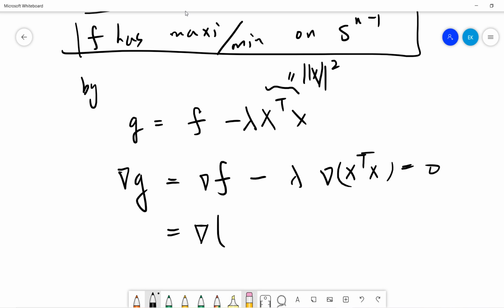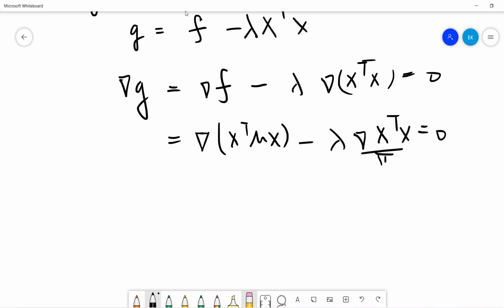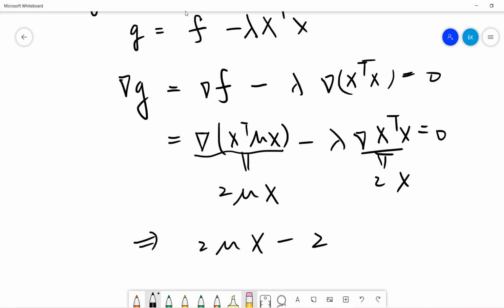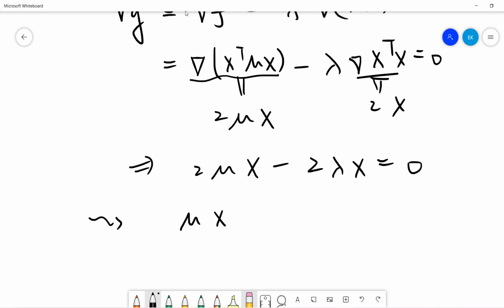So this is gradient x^T Mx minus lambda gradient x^T x, which is 0. This part will give you 2x, a simple exercise, and this part, since M is real and symmetric, will give you 2Mx. So you get 2Mx minus 2 lambda x, which is 0. So you know that Mx equals lambda x.